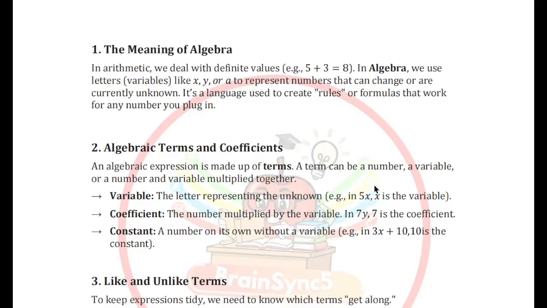So now let me explain. Okay, I was moving too fast. Let me just go slowly. So let's start with variable. What do you understand by the term variable? When you are in a mathematical paper and someone asks you a question, find the value, what does it mean? The value is the letter representing the unknown. So it is a letter that is representing an unknown value, unknown number.